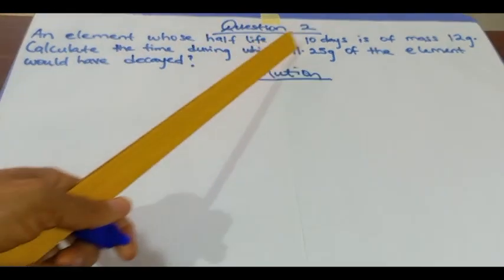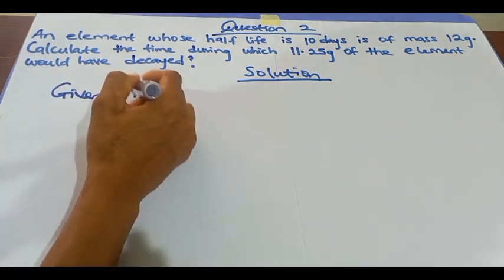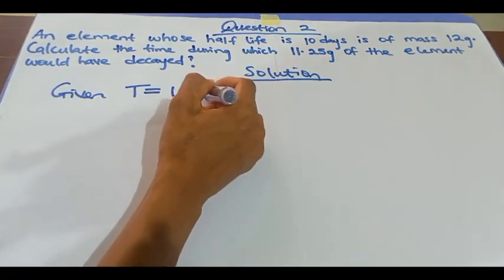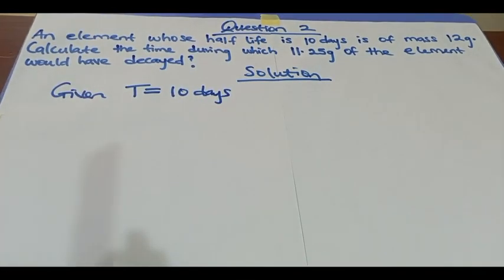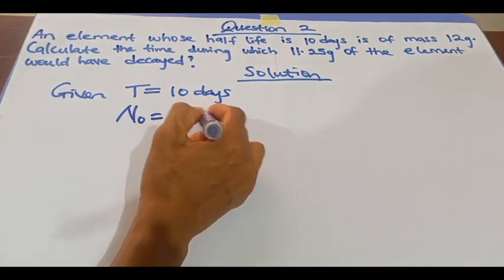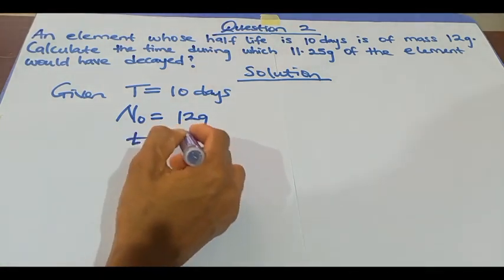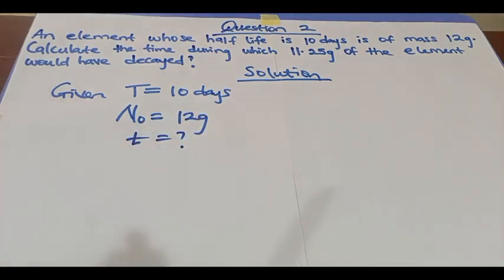An element of half-life 10 days, giving the half-life T to be 10 days, is of mass 12 grams. So let's say N naught, the initial mass, is 12 grams. We are looking for t, small letter t.